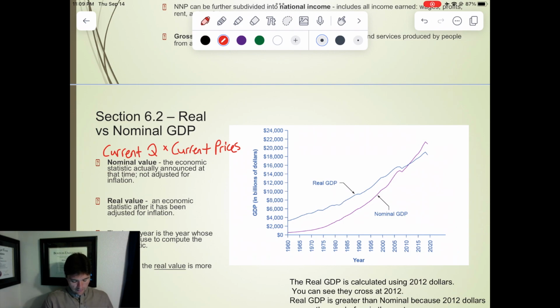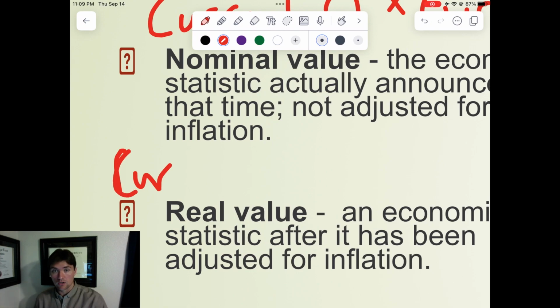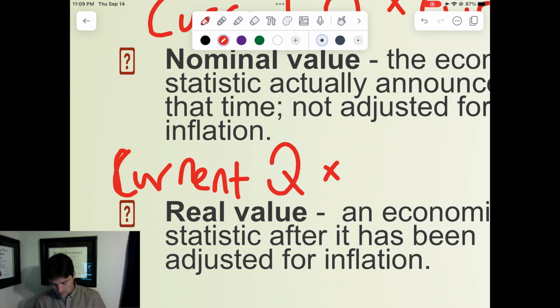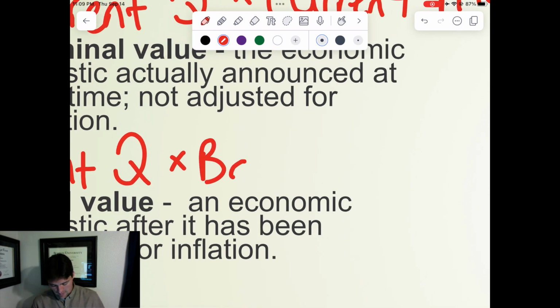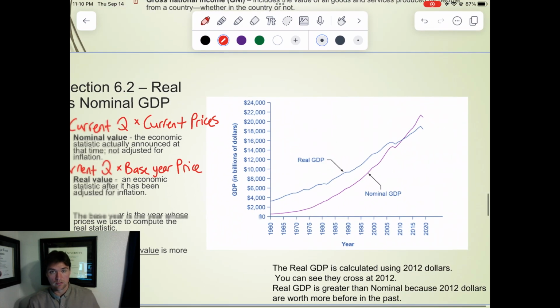The real value is going to be the economic statistic that has been adjusted for inflation. Basically, you still want what you're making in that year, so you still want the current quantity, but now you want things at the base year price. Very important here, base year price.